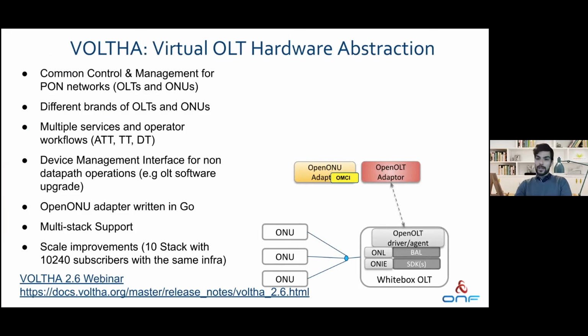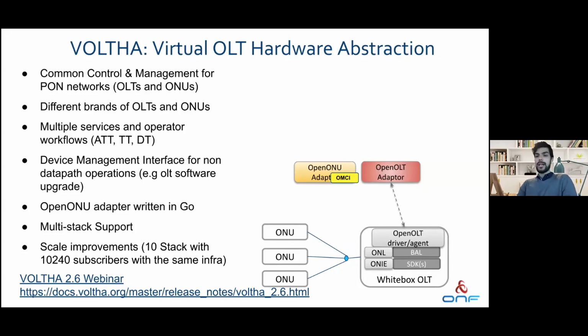Definitely we will consider it. We are not right now focusing on 5G fronthaul requirements, but given that it's a PON network, we can handle it with VOLTHA. Network slicing is not yet considered by VOLTHA. As I said before, it's a one operator network.